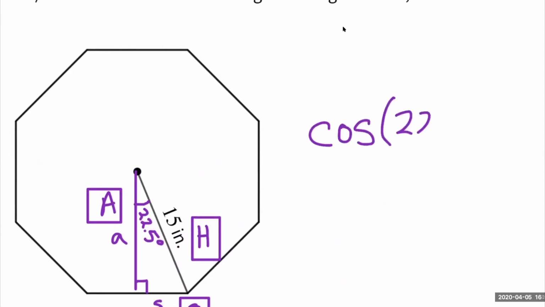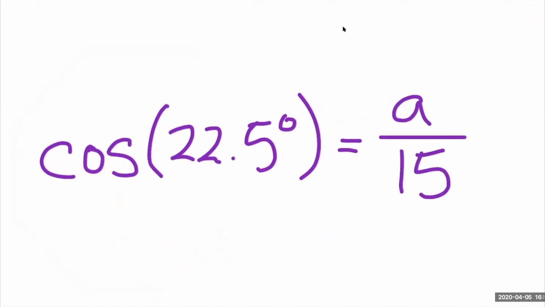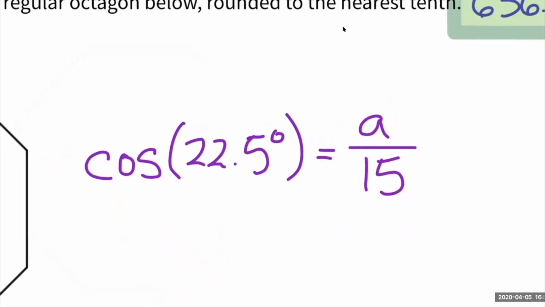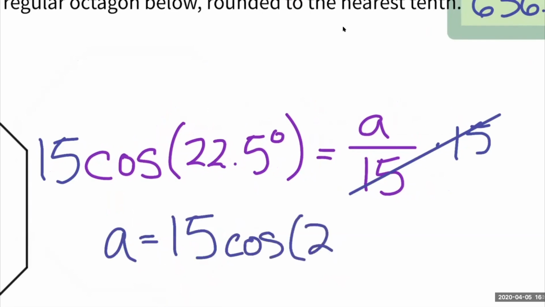All right, cosine of 22.5 degrees is equal to the adjacent side, our variable A, we don't know it yet, over the hypotenuse, 15. So in order to solve for A, we're going to multiply by 15 on both sides, and that way our 15's reduce on the right. So A is equal to 15 times cosine of 22.5 degrees.